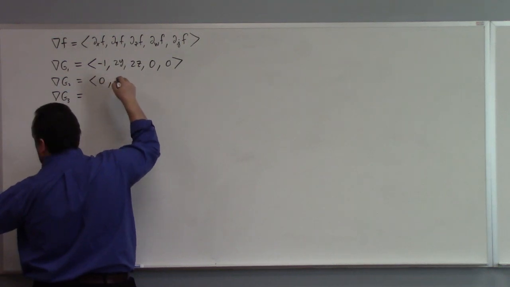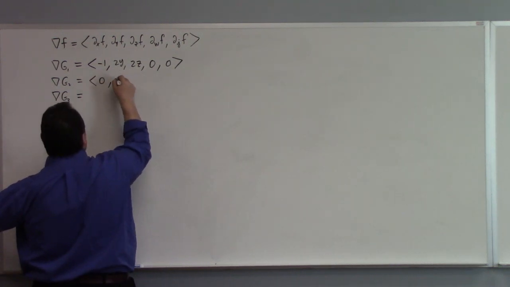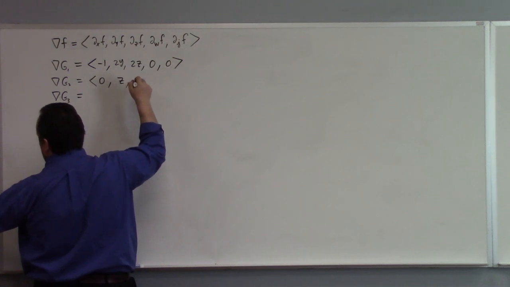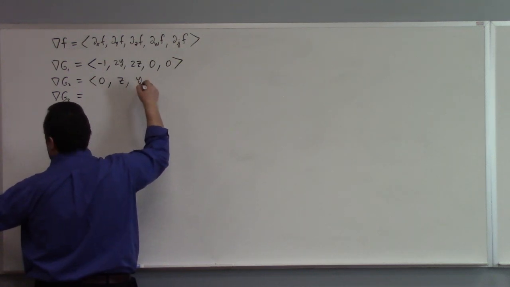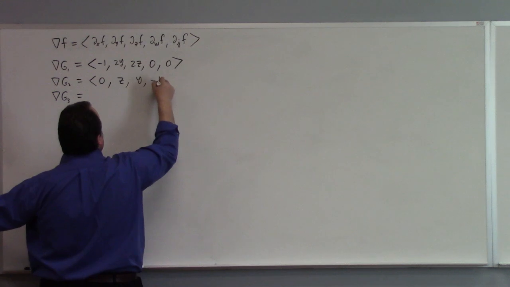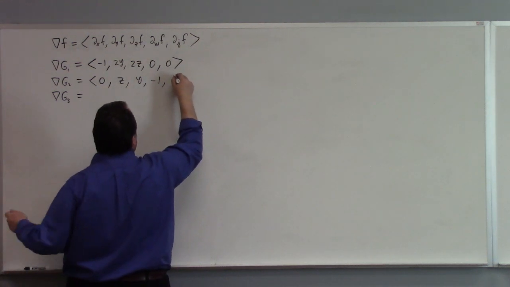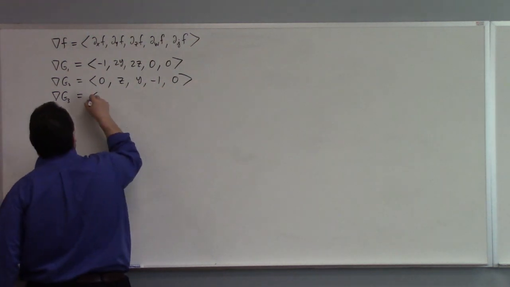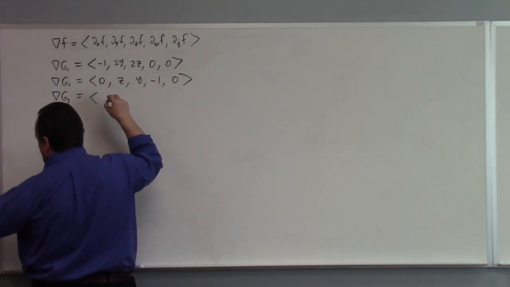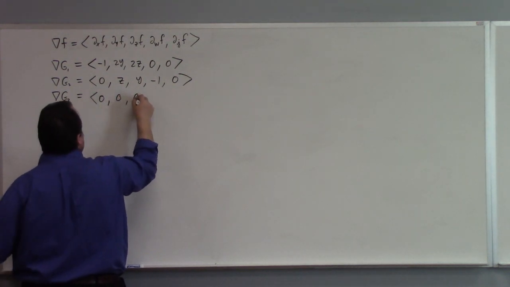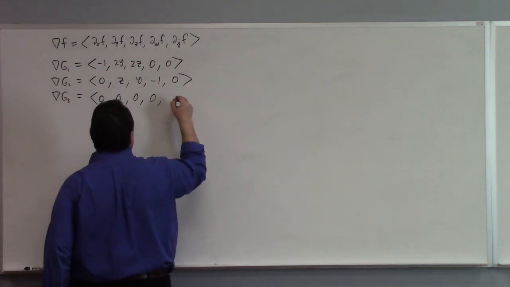The y differentiates to z. The z part differentiates to y. The w part differentiates to -1. There's no j dependence, so you got 0 there. And then the third component function, take my gradients, I got myself a 0, 0, 0, 0, and 1.